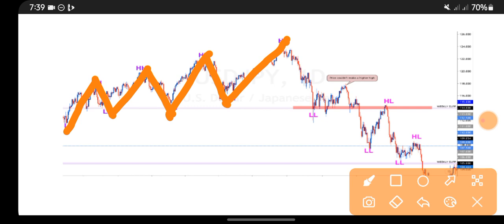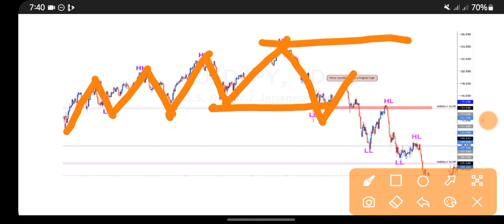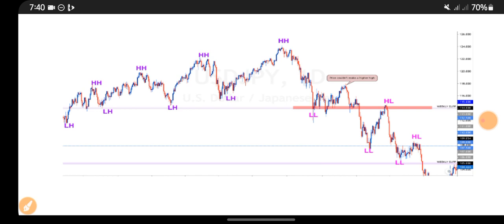But then when it came to make this one, it even broke this higher low, and then it came to make this one. It wasn't able to come up here to break it to continue the trend. And so in that sense, we know that the price is about to change. So it came down and then it started a new trend: lower high, lower low, lower high, lower low.